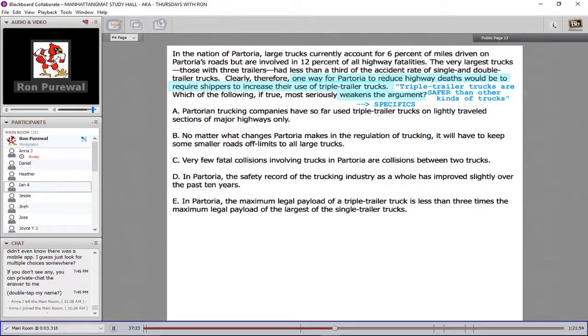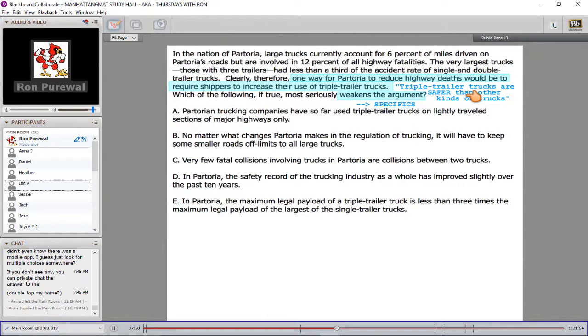I mean, that's what they're saying, right? One way to reduce highway deaths is to use more of these trucks. Give me a smiley face if that makes sense. Maybe that's the ultimate point of this argument, that those trucks are the safest trucks. Okay, so how are they arguing that?